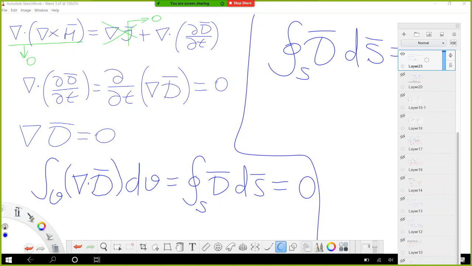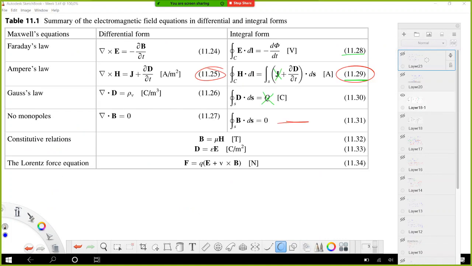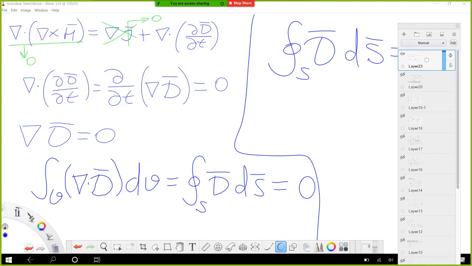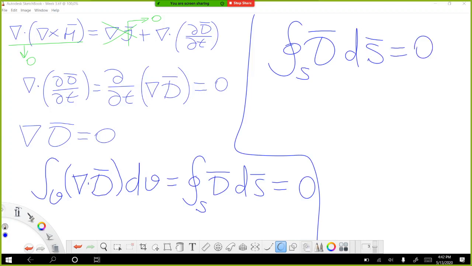If we look at our equation number 1130, it is equal to q.